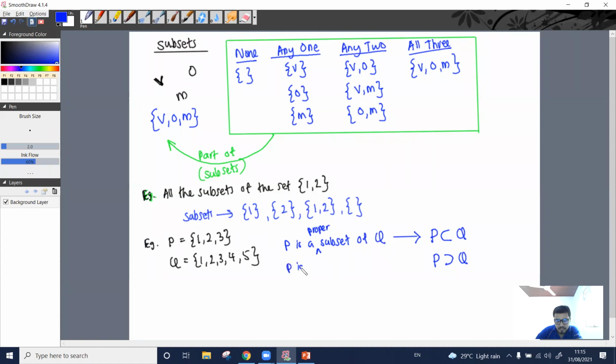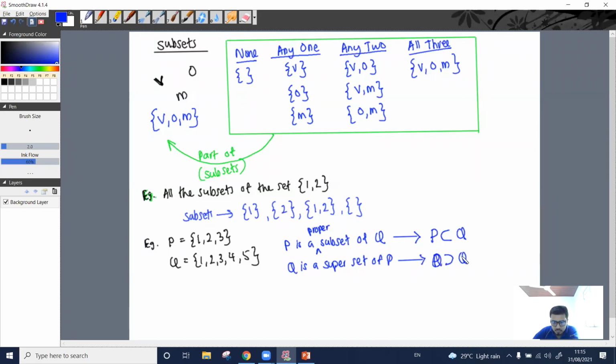That means Q is a superset of P. Q is a superset of P, right? Subset and superset.